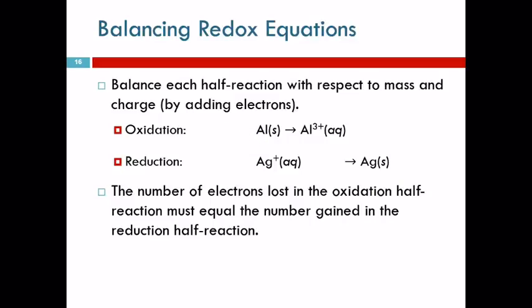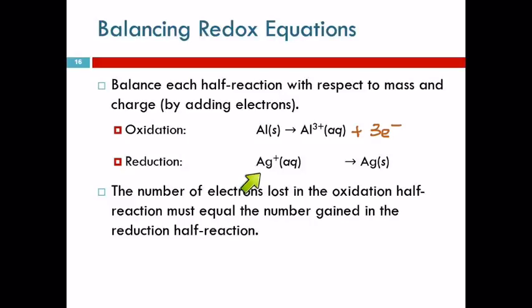We balance the charge by adding electrons where needed. So we need 3 electrons, and we're going to add them on this side so that we can have the charge be 0 on both sides. So now I have 3 positives and 3 negatives. That's 0, and I have 0 on the left side. They don't have to add up to 0, but they have to be the same on each side of the arrow.